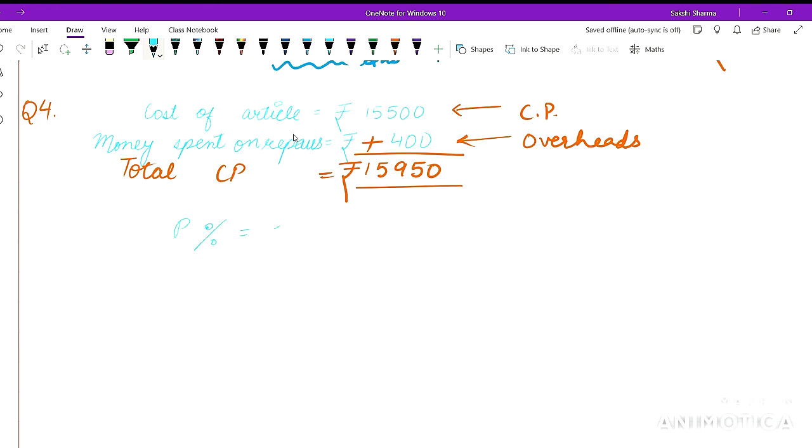The profit percentage is given as 15. Apply the formula for the selling price.